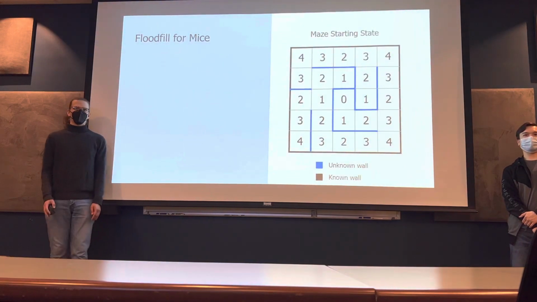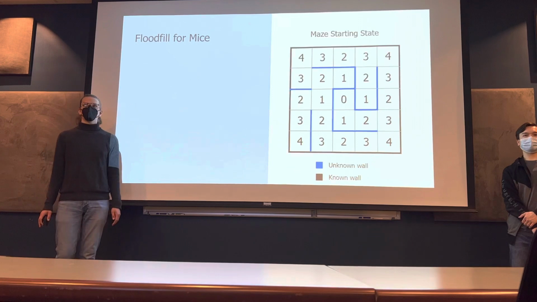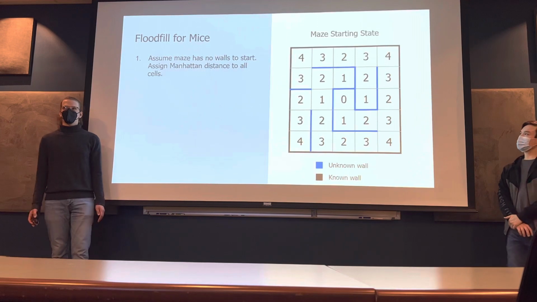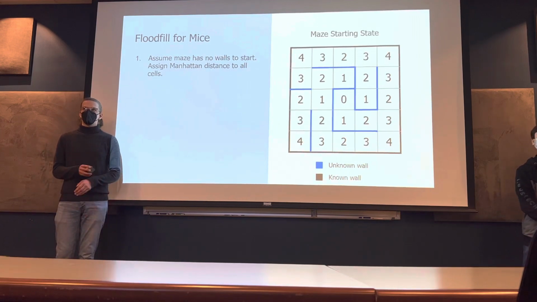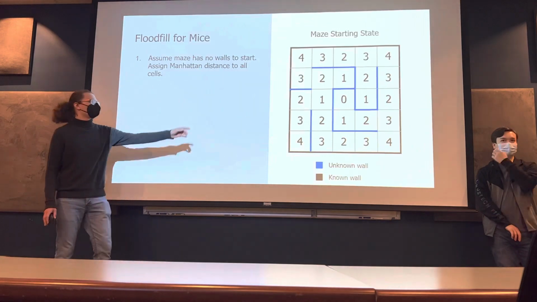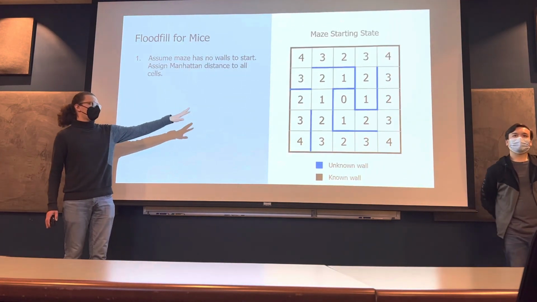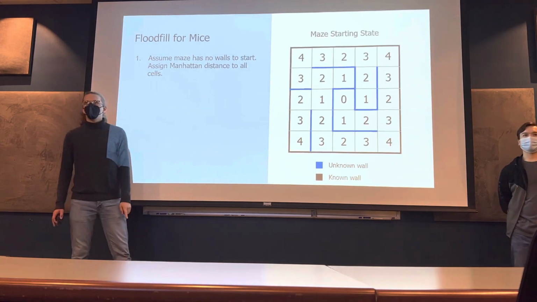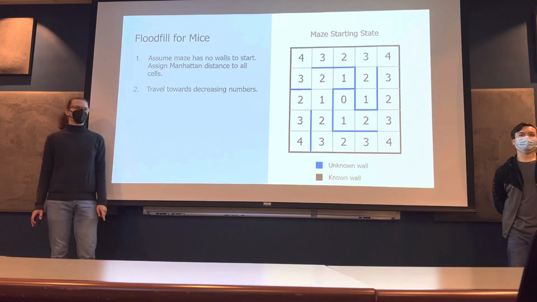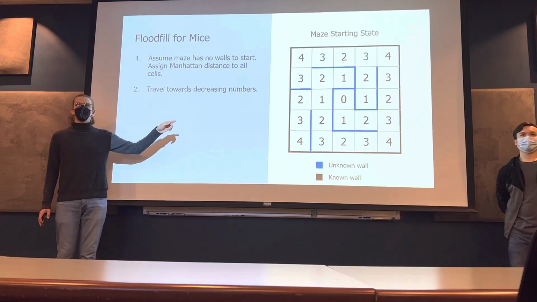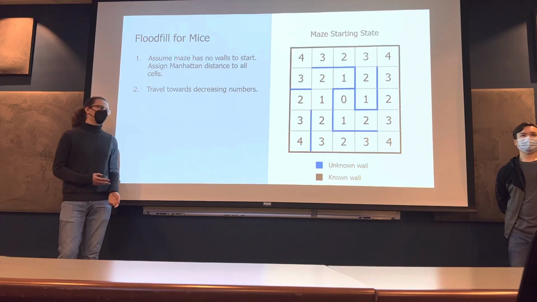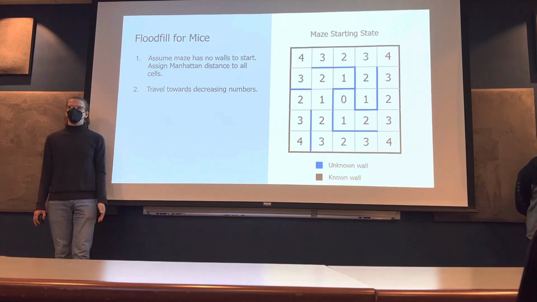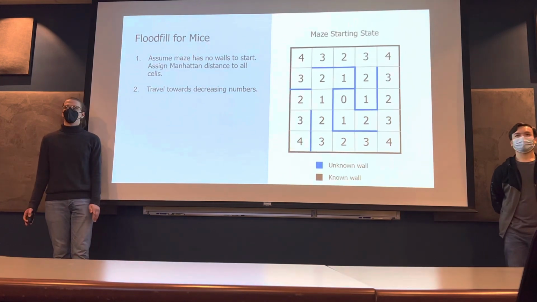So what does this have to do with maze and mice? This is how we can actually do Floodfill on our mouse. We want to assume that the maze has no walls to start. We have this goal in the center, and then outward 1 cell, 2 cells, 3 cells, 4 cells away, and we're going to start right here. Once we start, we're going to travel as much as we can towards decreasing numbers, because that's going to give us, ideally, the shortest path to the center, still under the assumption that there's no walls.